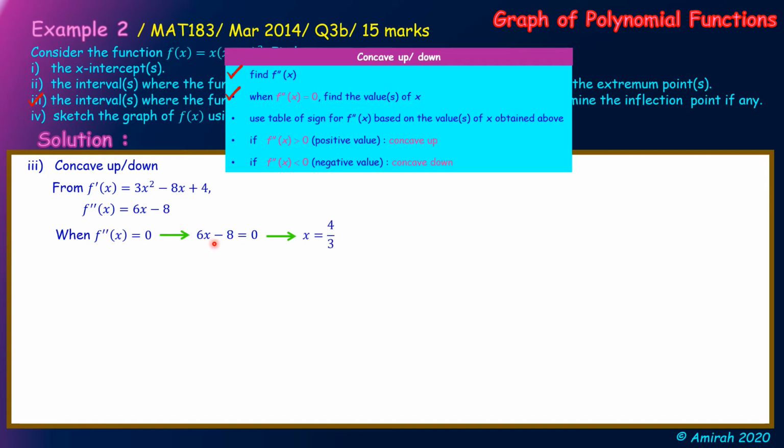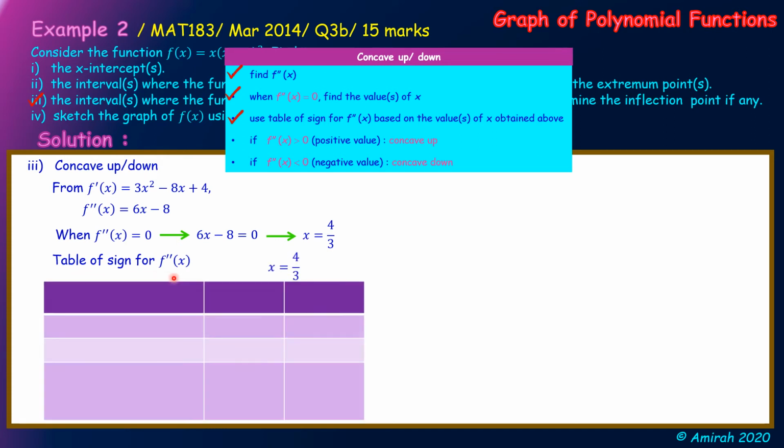We solve this equation, so we get x equals 4 over 3. After that, we use the table of sign for f double prime x based on the values of x obtained when we equate f double prime to 0. So we continue with the table of sign for f double prime x, with x equals 4 over 3.